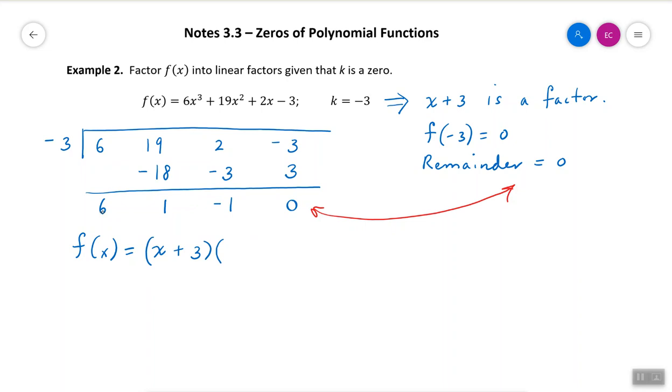The quotient starts with a coefficient 6 and an exponent of 2, because f of x starts with the third power, then the quotient will start with the second power. So we'll have 6x squared plus 1x to the first minus 1. And you see we have factors, and you can verify that x plus 3 times 6x squared plus x minus 1 really does multiply out to f of x that we were given in the problem.